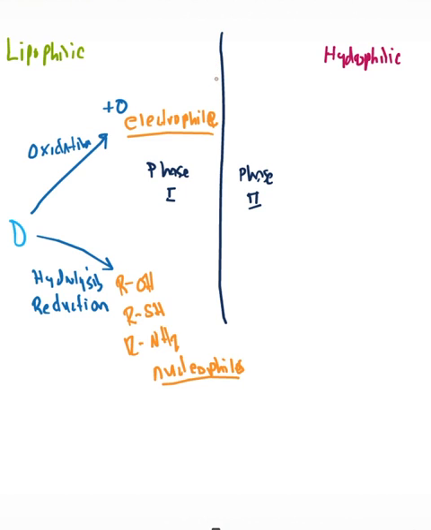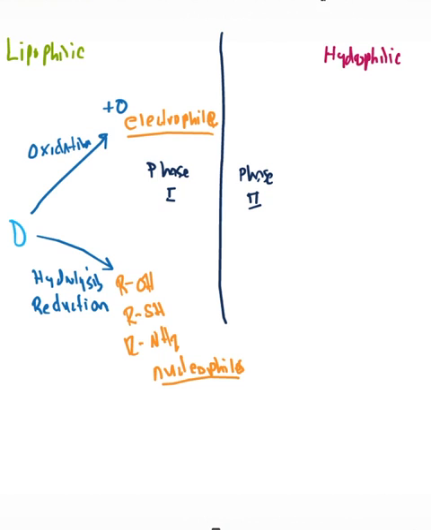So what we can do now in phase 2, if I have something that is highly electrophilic, I want to conjugate it with something that can kind of add some electrons to it, maybe something that will interact with this electrophile to make it less active, to make an inactive metabolite, and to make it even more hydrophilic so it can be removed in the kidneys.